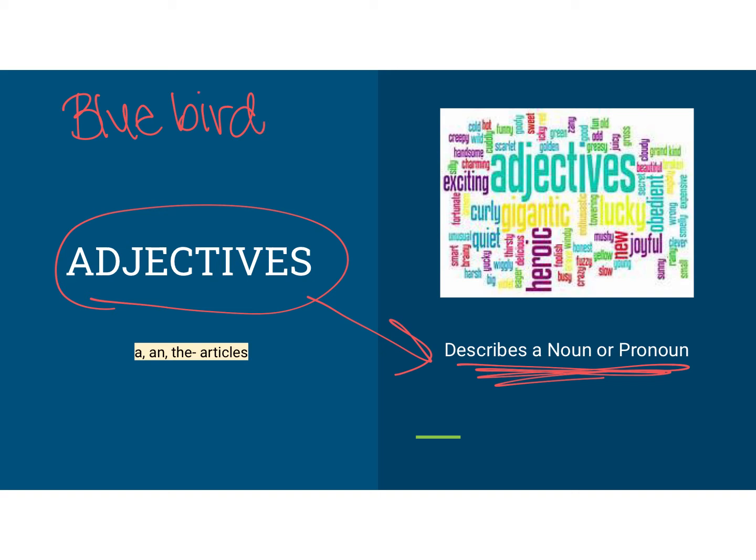Okay, if I just said, oh, I saw a bird. Okay, well, there are lots of different birds, so everyone has a completely different idea in their head of what bird I saw. But then if I tell you, oh, I just saw a blue bird, then it paints a completely different picture because blue is describing the bird, giving it more detail, which makes it easier for your reader to picture what is going on.